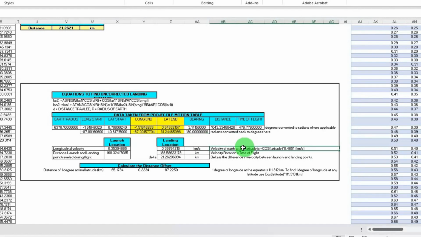When you plug these numbers in, at the launch location, basically the Earth is spinning 353 meters per second. At that landing location, 1,000 kilometers away, the Earth is actually spinning at 397 meters per second.